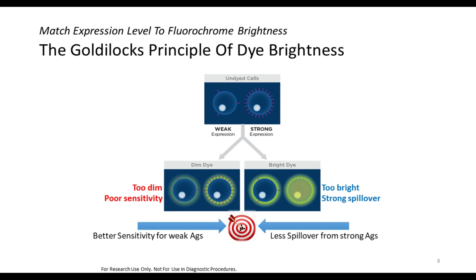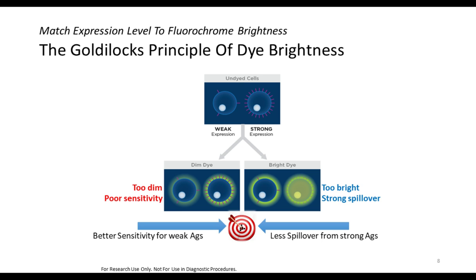So this brings us to the Goldilocks principle of dye brightness. We have two extremes here. We have a very dim, very weak expression, and a very strong expression at the top of the slide. And we now want to choose a dye that allows us to have enough sensitivity, so not be too dim for a weakly expressed antigen, but at the same time, once we consider a strongly expressed antigen, we don't want a dye that is too bright, that causes too much spillover, that might impair the sensitivity that we can achieve on other detectors.